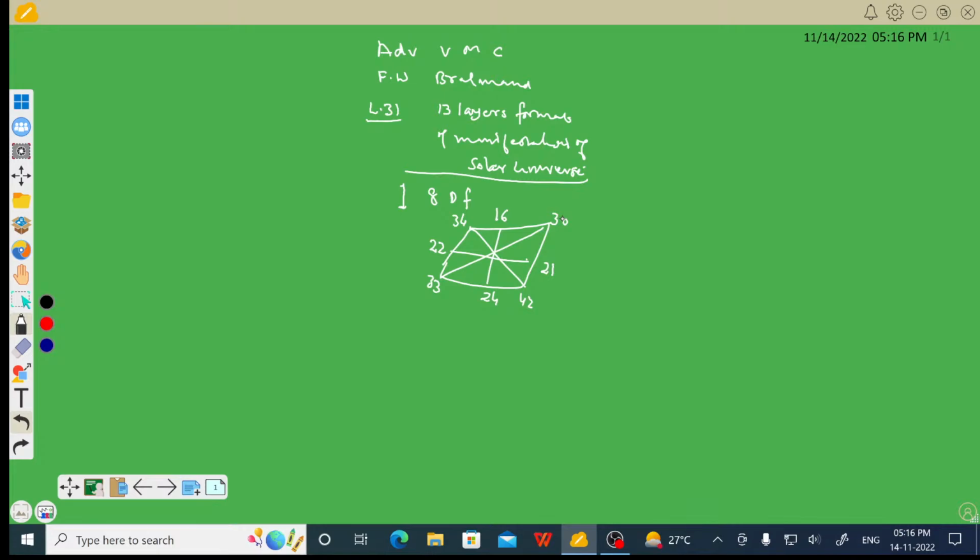This is the uppermost layer, and its summation value is 222.